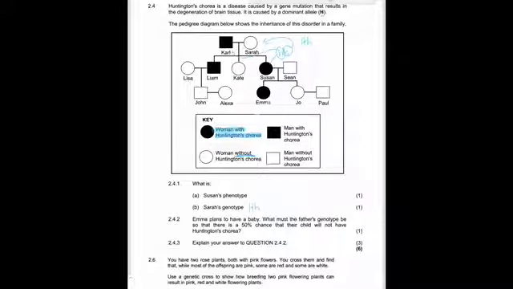Emma plans to have a baby. What must the father's genotype be so that there is a 50% chance that their child will not have Huntington's chorea? Now if we do a little Punnett square, we know that Emma is little h, because she already has Huntington's chorea.